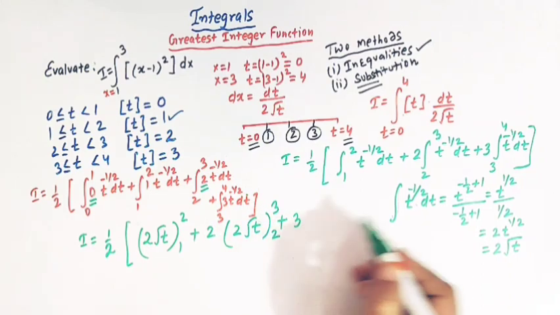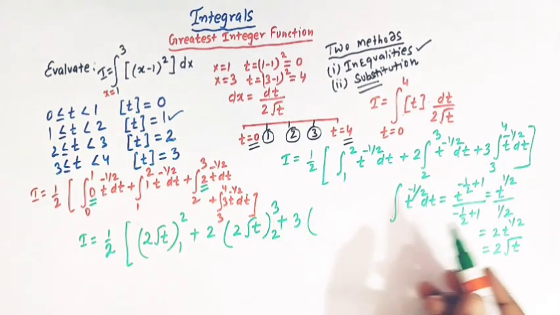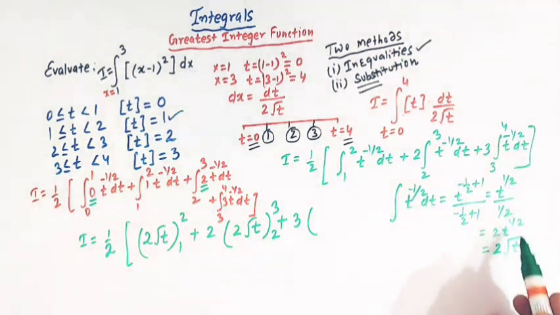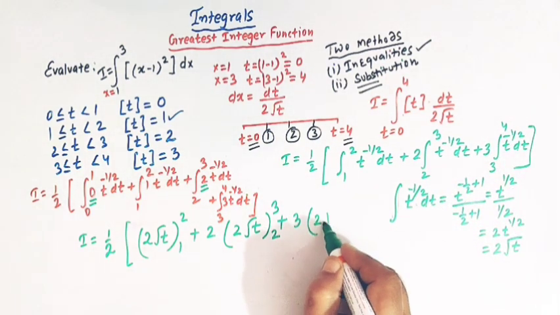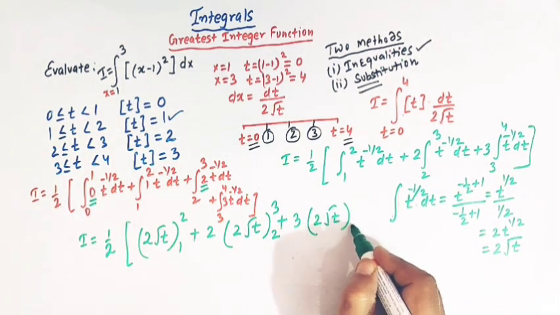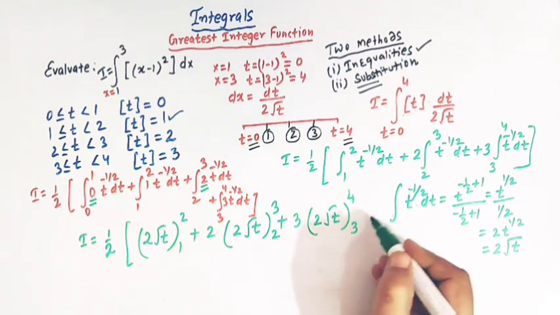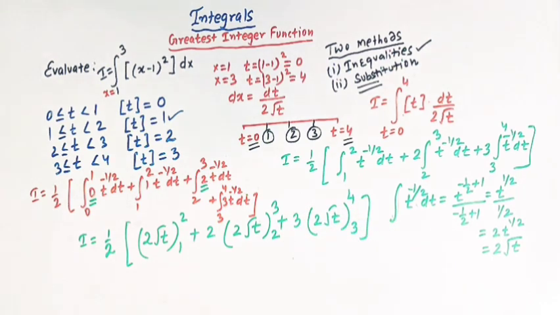And then we have 3 times the integral of t raised to minus half, which is 2 root t, with limits of integration 3 to 4.